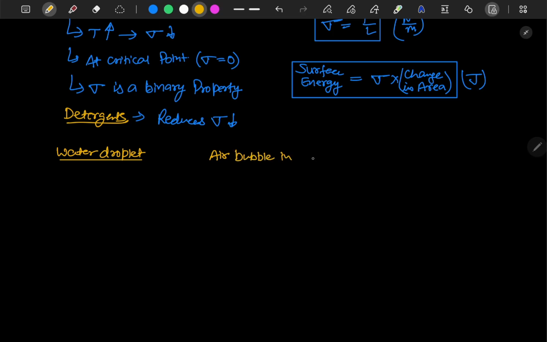Next, soap bubble. And last is jet formation, or water jet, let's say liquid jet.